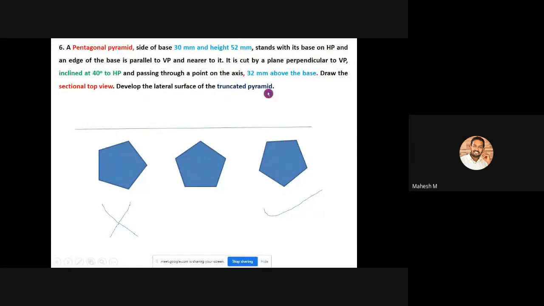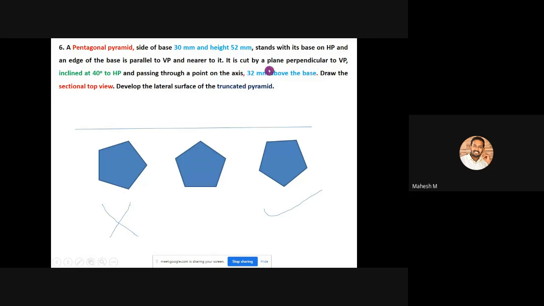Okay. And it is cut by a plane perpendicular to VP. If it is perpendicular to VP, you'll be having an angle in HP. So that is inclined at 40 degree to HP and passing through a point on the axis 35 mm above the base. So here we have directly got the dimension. So we have the angle and also the dimension from the base.